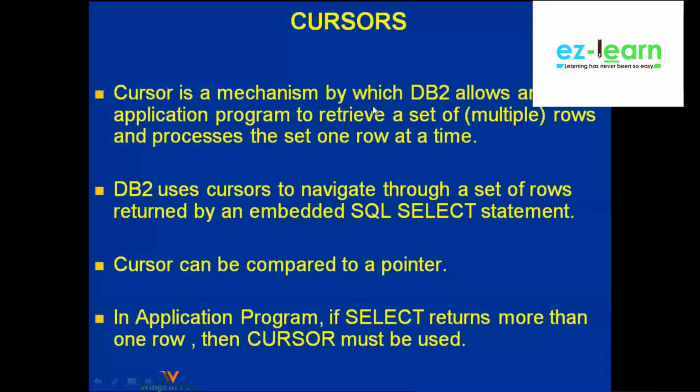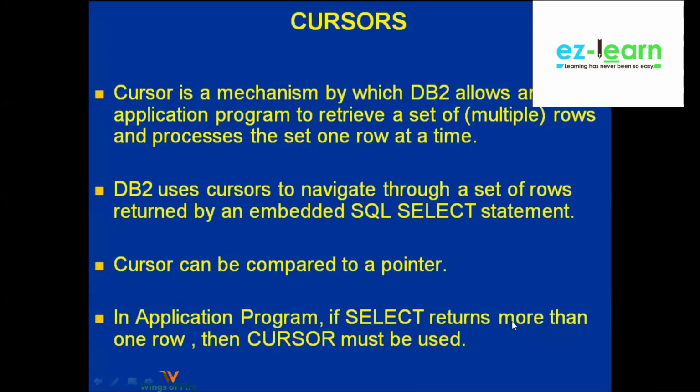A cursor is a mechanism by which DB2 allows an application program to retrieve a set of rows, multiple rows, and process one row at a time. DB2 uses cursors to navigate through a set of rows returned by an embedded SQL select statement. A cursor can be compared to a pointer. In an application program, if select returns more than one row, then a cursor must be used.